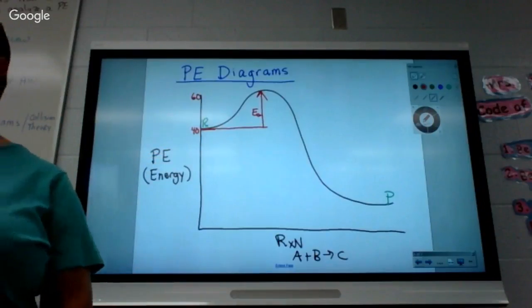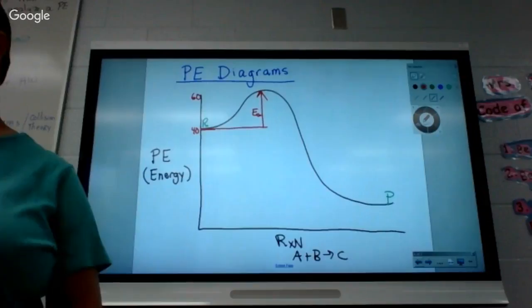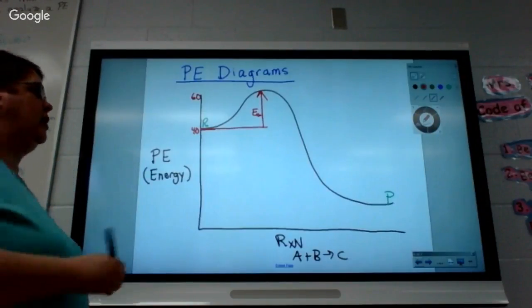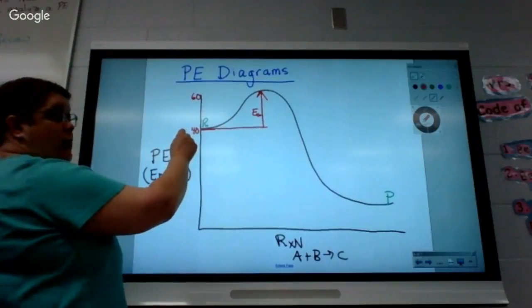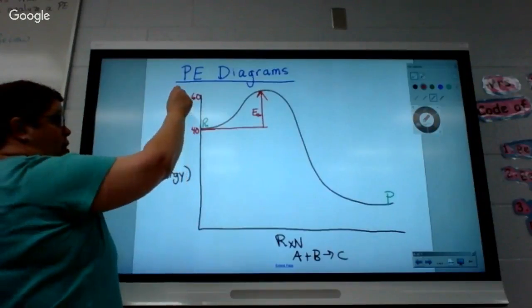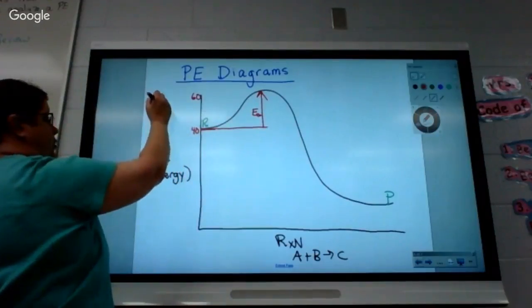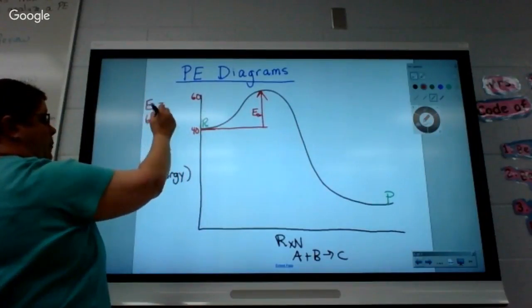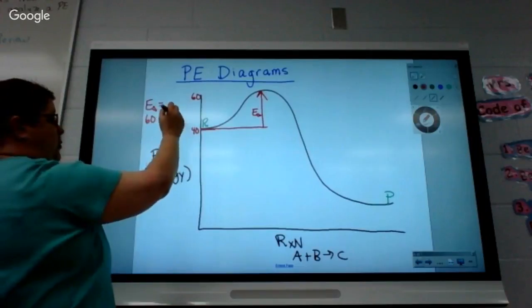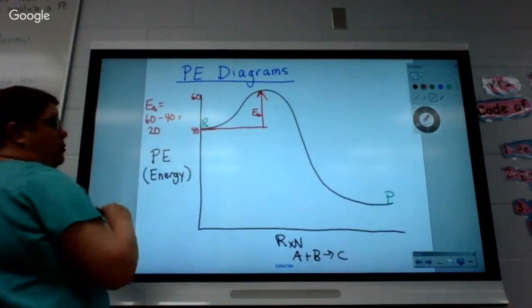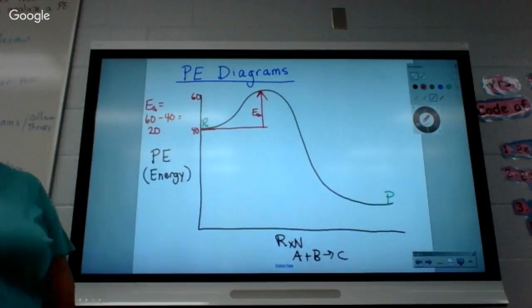What would the activation energy be? It would be 20. Because the reactant started at 40 to the top of the curve is 60, the activation energy would be 60 minus 40, which would be 20, and the unit would be kilojoules per mole. And it's labeled on the graph we're going to do. So I'm not going to clutter this up in a second.